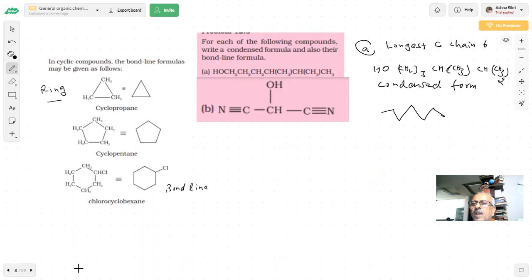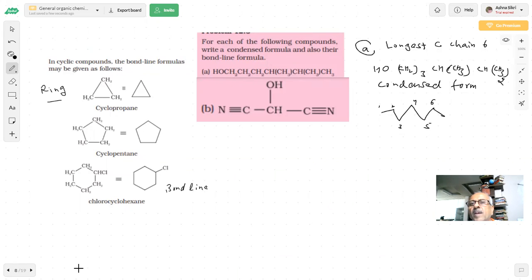Then I have put one extra carbon. CH2, CH, 1, 2, 3, 4, 5, 6 carbons.